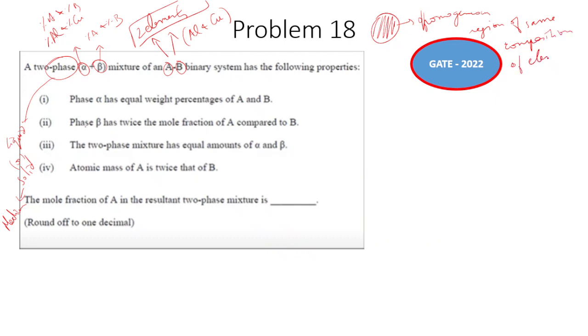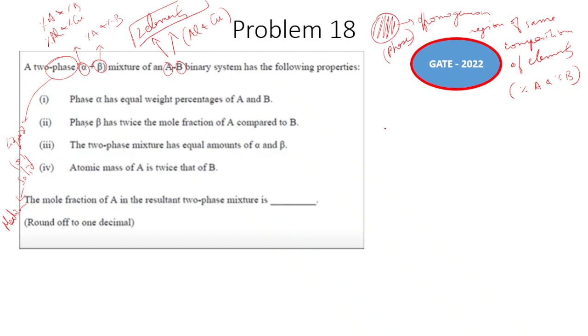That is, throughout this particular region, you will have a specific percentage of A and a specific percentage of B. That is typically what we call a phase in metallurgy. And here, phase alpha has equal weight percentage of A and B. So that is given.